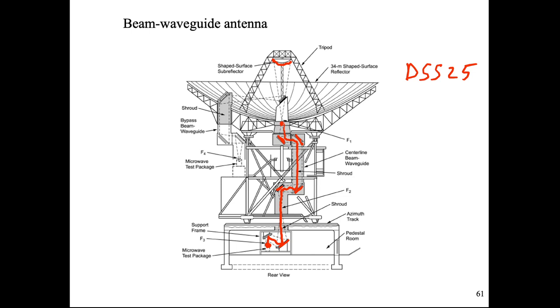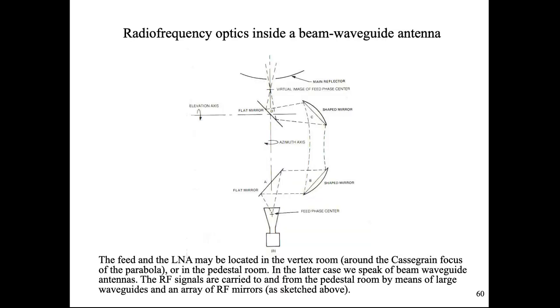This configuration allows a much easier access to the instrumentation. And if there is maintenance to do, it is much easier to do working in the basement than in the vertex room. And here you see a scheme of all the reflections that the signal undergoes in a beam waveguide antenna.